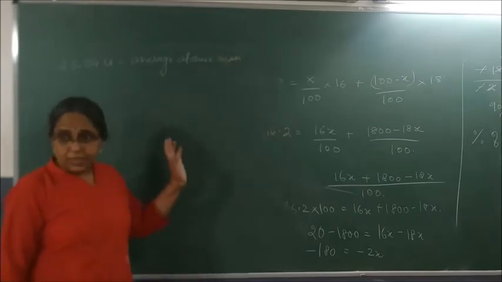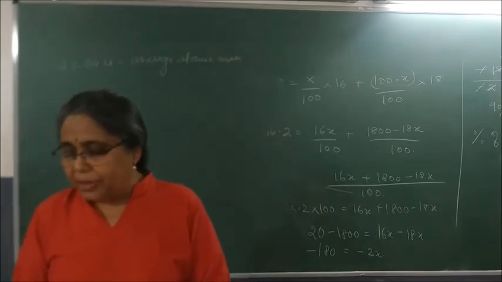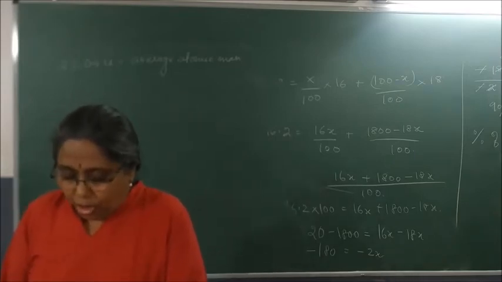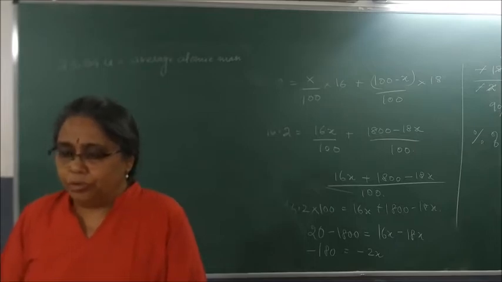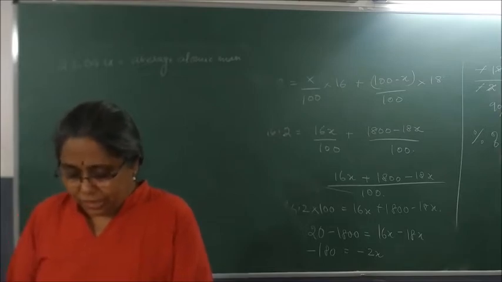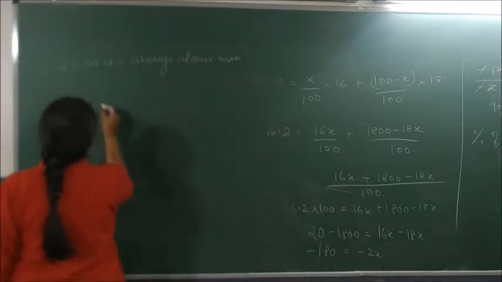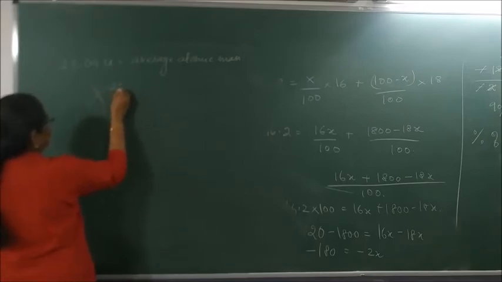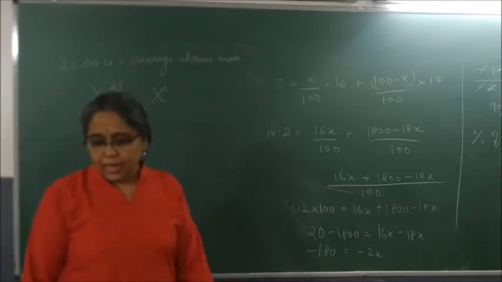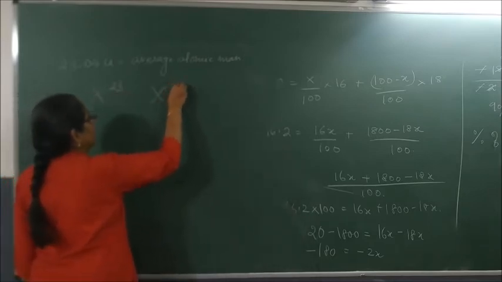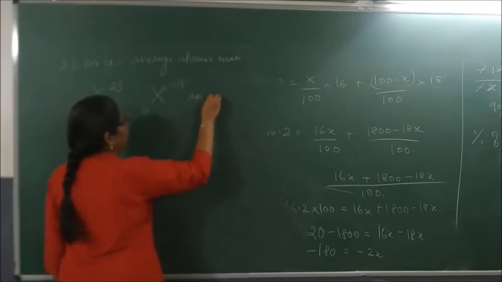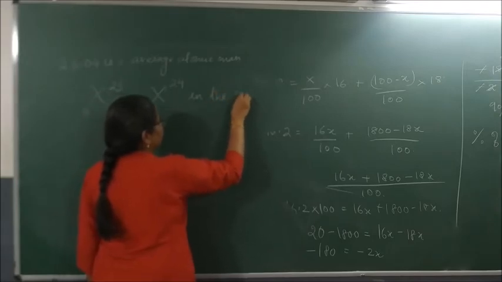The average atomic mass of a sample of element X is 23.04 U. What are the percentages of isotopes X 23 and X 24 in the sample?